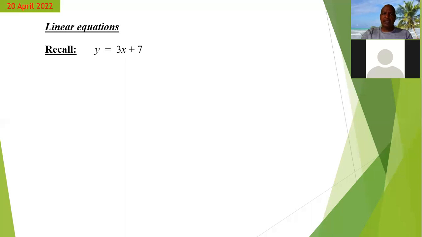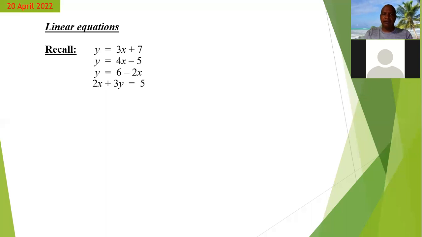Most of the linear equations that you'll be coming across will have the general form of these equations that are presented here. Except for the last equation, where you have x and y variables on the left-hand side, in all the other equations you only have y by itself on the left-hand side.